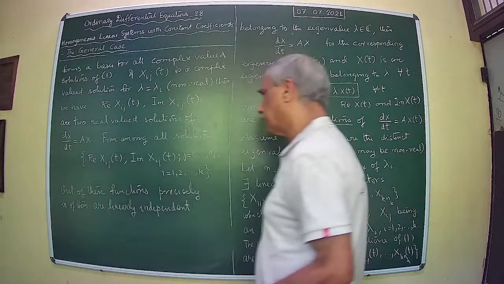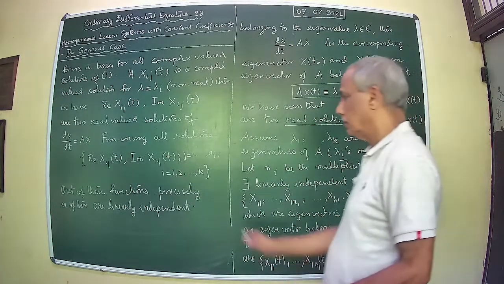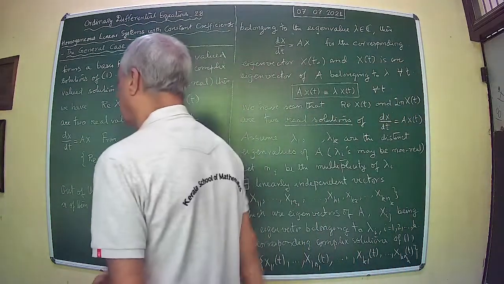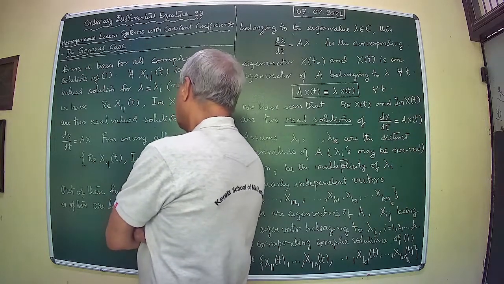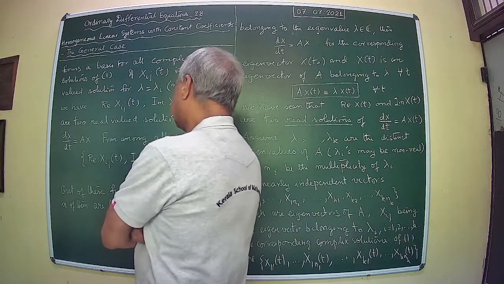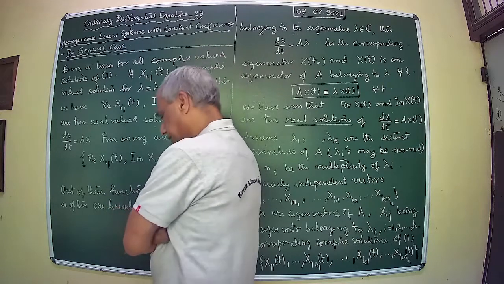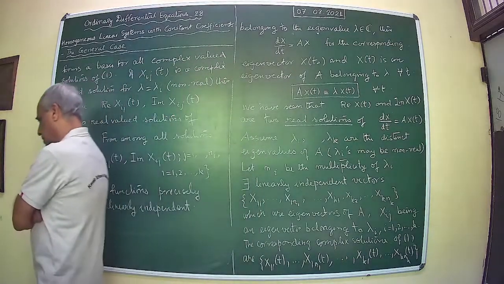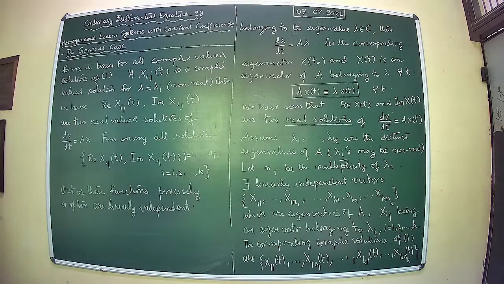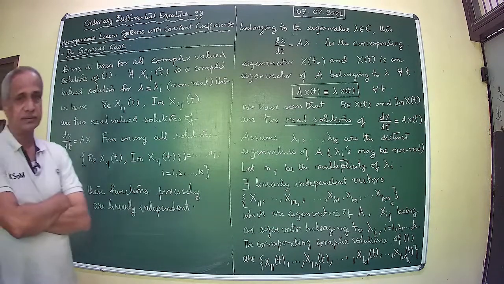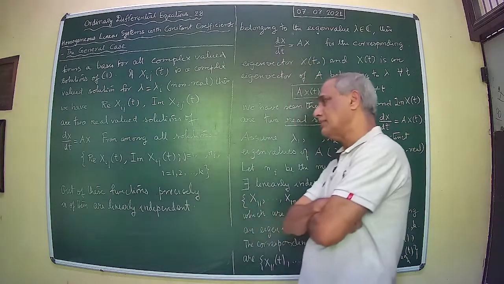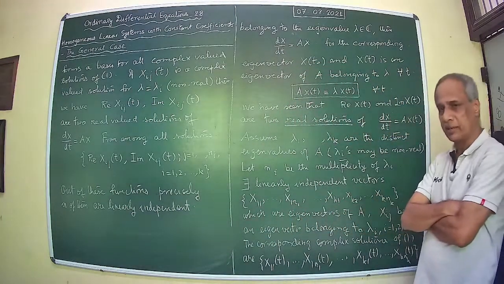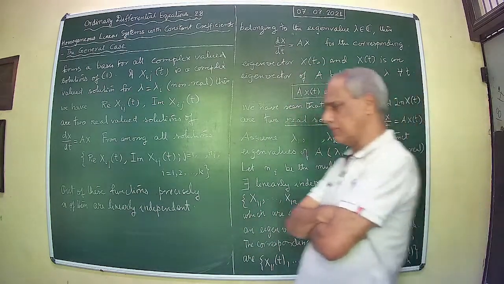That's quite easy to see. Work it out for each t naught. Then what you have, xij t naught, is in general a complex vector. Now that complex vector has a real part and an imaginary part in general. I mean, maybe some of them may be real also.